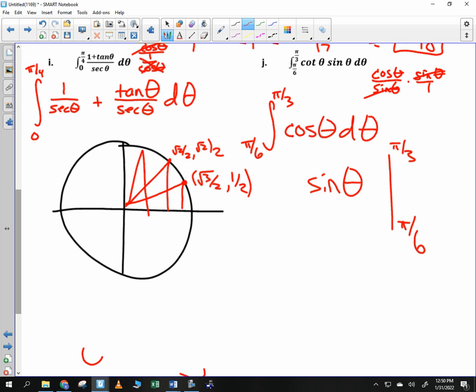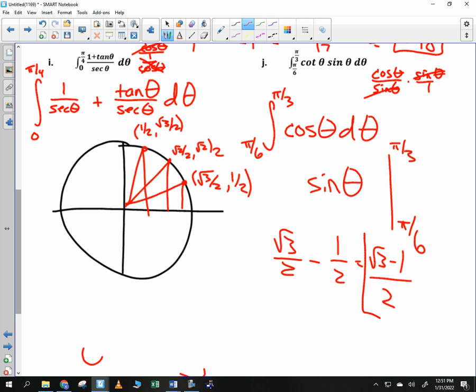And then this one here, the pi over 3 spot is, and so which value is sine? It's the y value. So it looks like we're going to have the root of 3 over 2 minus 1 over 2, which is the root of 3 minus 1 all over 2.